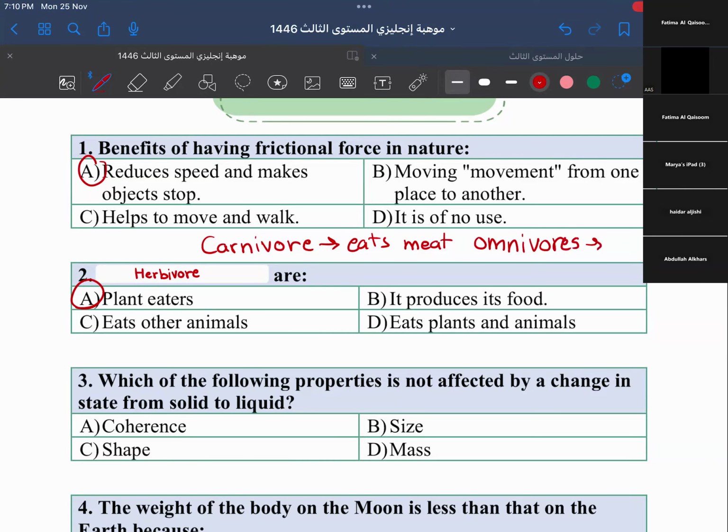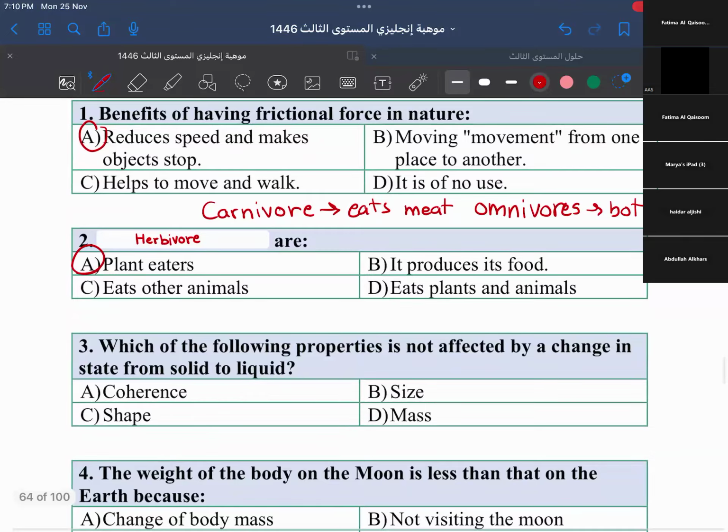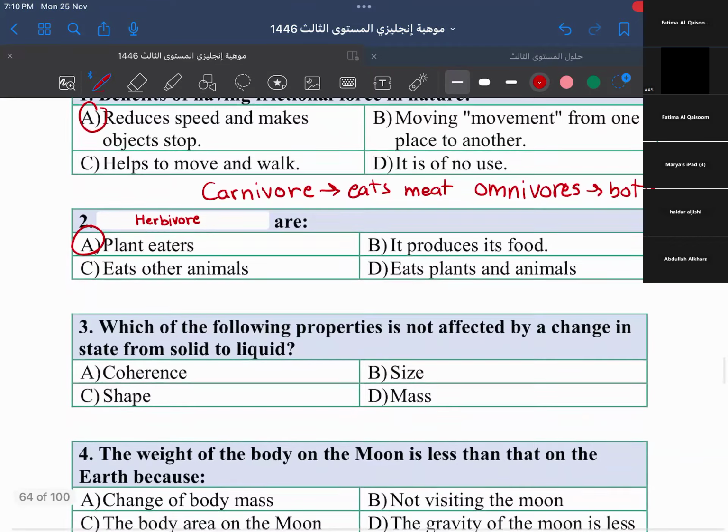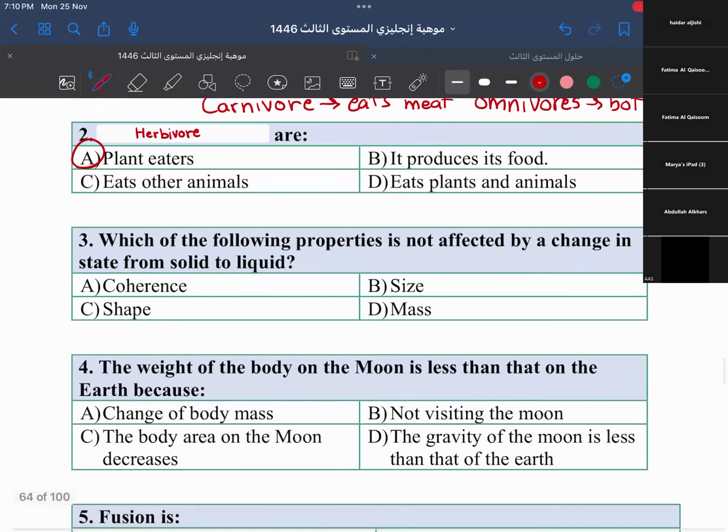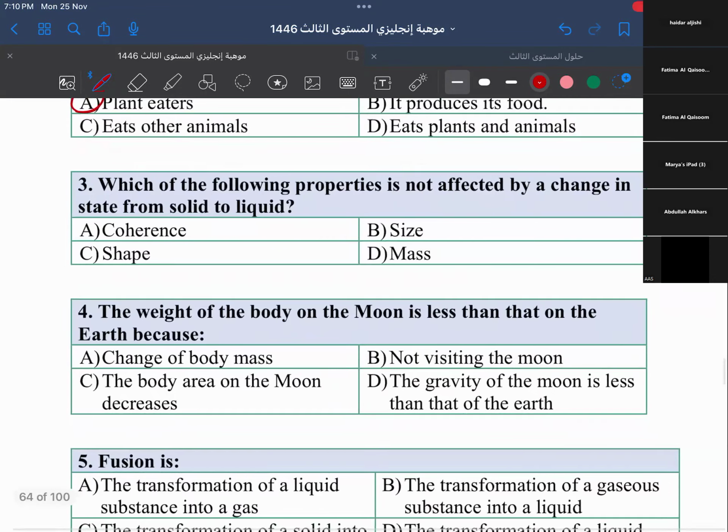So they eat both. Actually, we as humans are omnivores because we're considered under the umbrella of animals. That's a fact to know. So herbivores eat plants, carnivores eat meat, and omnivores eat both. Mumtaz. Yalla, question 3.